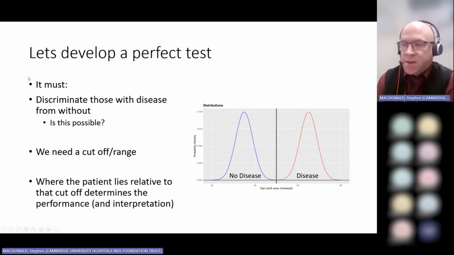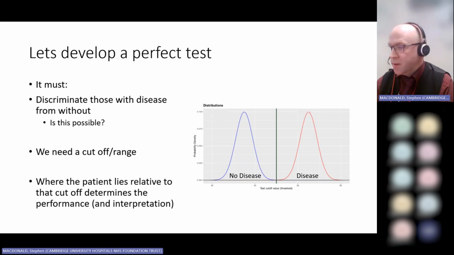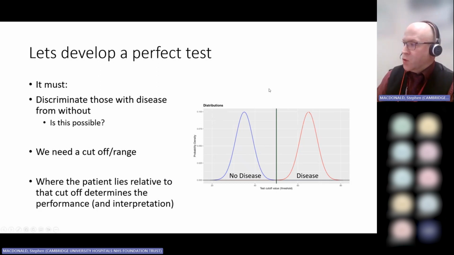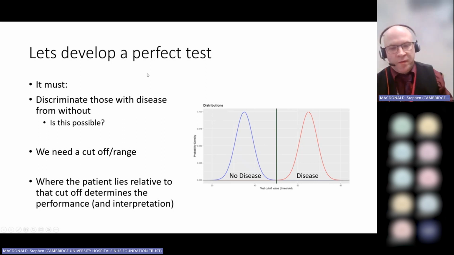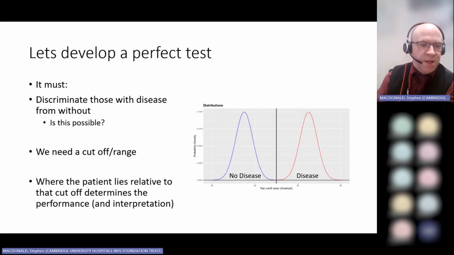So what that means is that if we then perform a test which gives us results according to these histograms, then we can discriminate absolutely with 100% accuracy, provided, of course, that we have a cutoff. So we need some sort of cutoff in the middle. We need a cutoff value such that if the value is below this cutoff, then the patient doesn't have the disease, and if it's above that cutoff, then they do have the disease.